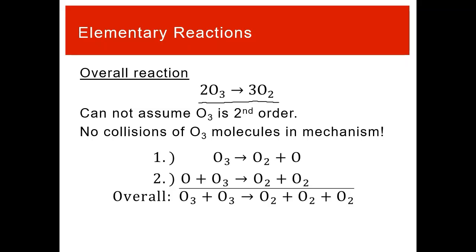So if you were to say that O3 is second order, you would be implying that there are two of those molecules participating in a collision. But that's not the case in this reaction mechanism, right? O3 reacts by itself, then it reacts with O molecules, okay? And so, when we're looking at these ideas of orders, they are corresponding to the number of molecules in a collision, and we're really just not seeing that in the reaction mechanism.